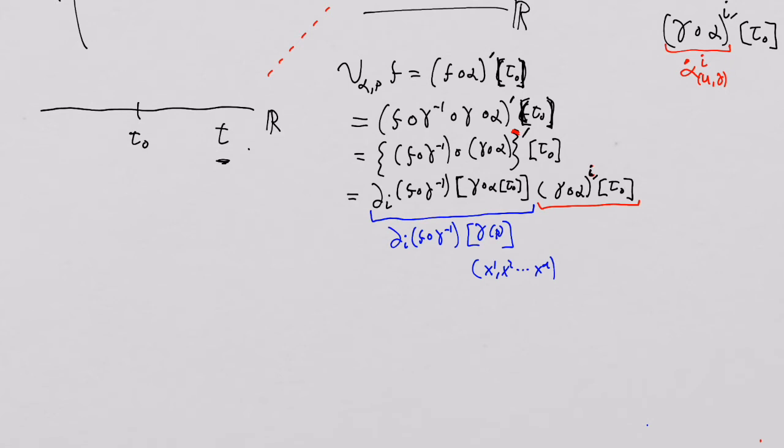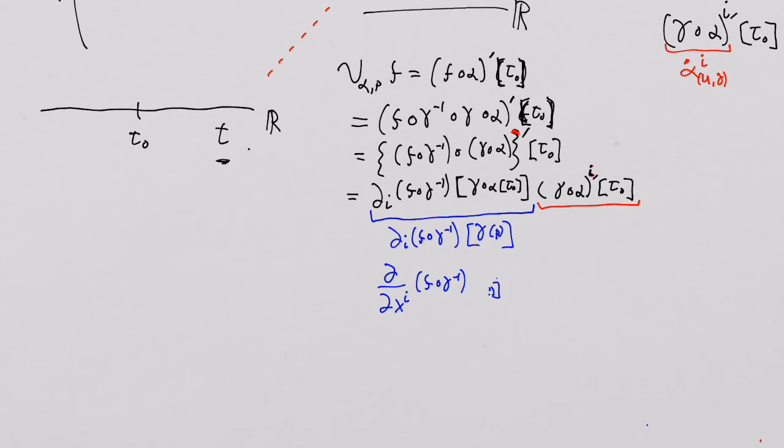First of all, since gamma p is this, I can actually simplify this derivative a little bit, or not simplify, but make it clearer. I can go d by dxi of f composed with gamma inverse, like that, evaluated at gamma p. So that's one thing I can do.